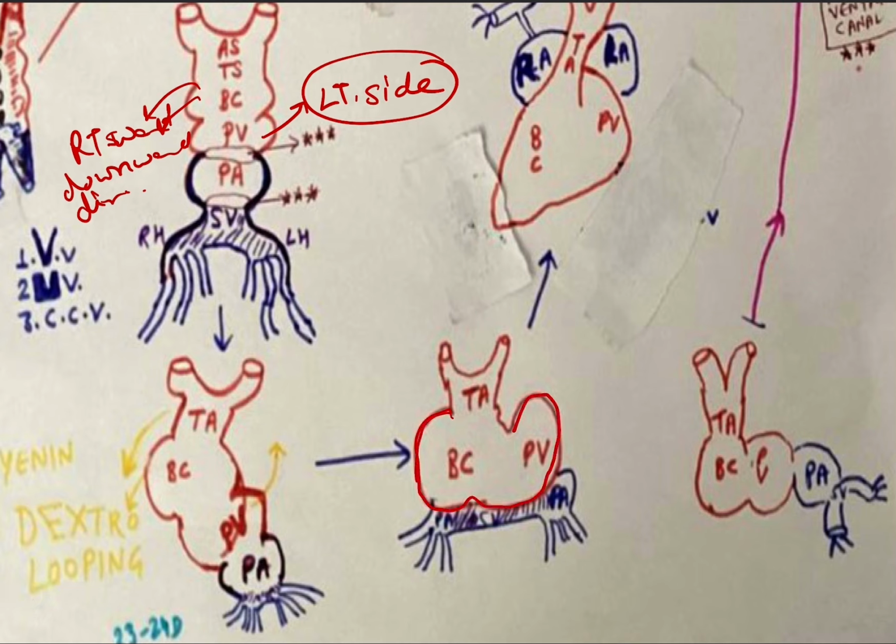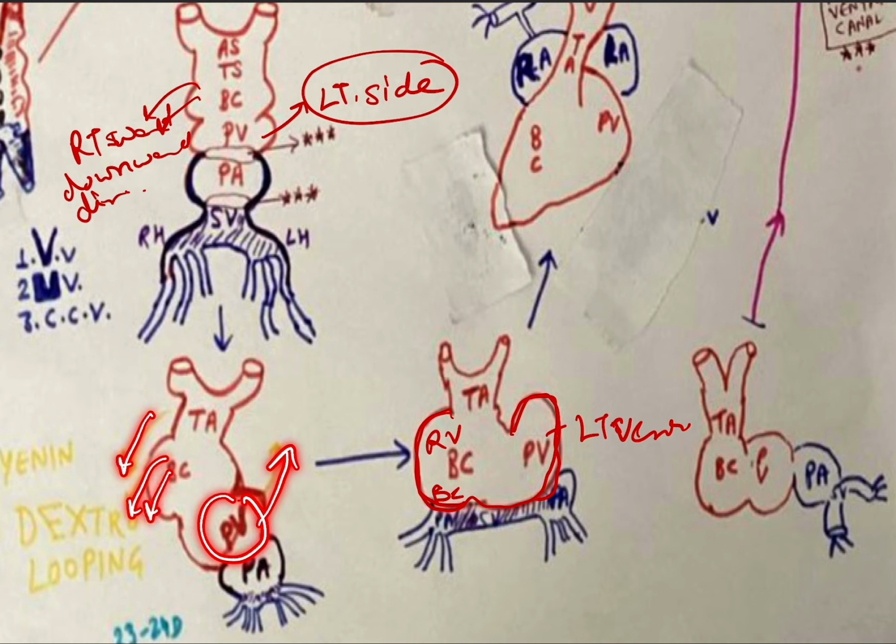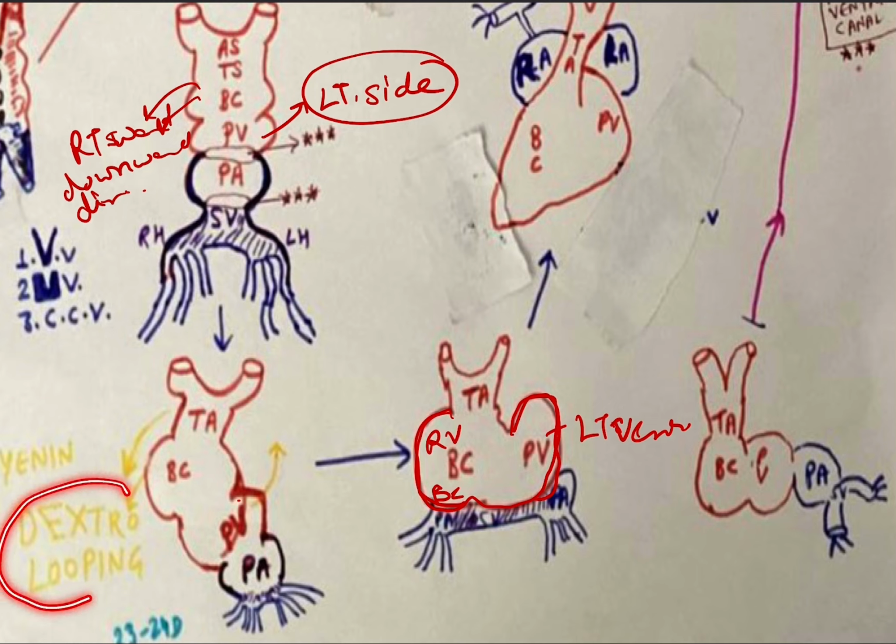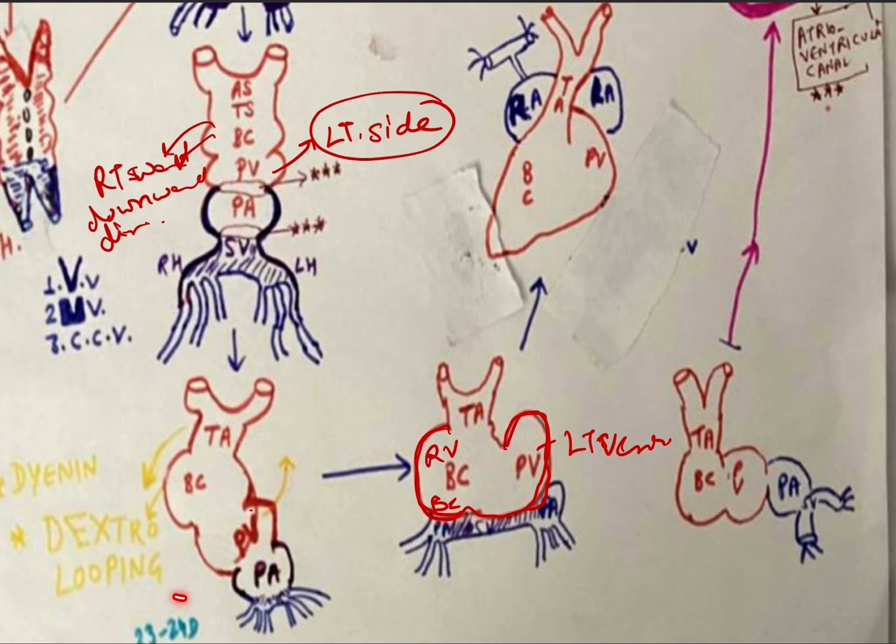After shifting right and down by the bulbus cordis, which is actually the future right ventricle, and the primitive ventricle shifting toward the left side, which is actually the left ventricle now. See here again, the primitive ventricle shifts to the left and the bulbus cordis after development shifts to the right and downward. Why does this type of special movement occur? Because of dynein protein. This movement is known as dextrolooping. This is known as looping of the heart. This looping occurs on the 23rd or 24th day.